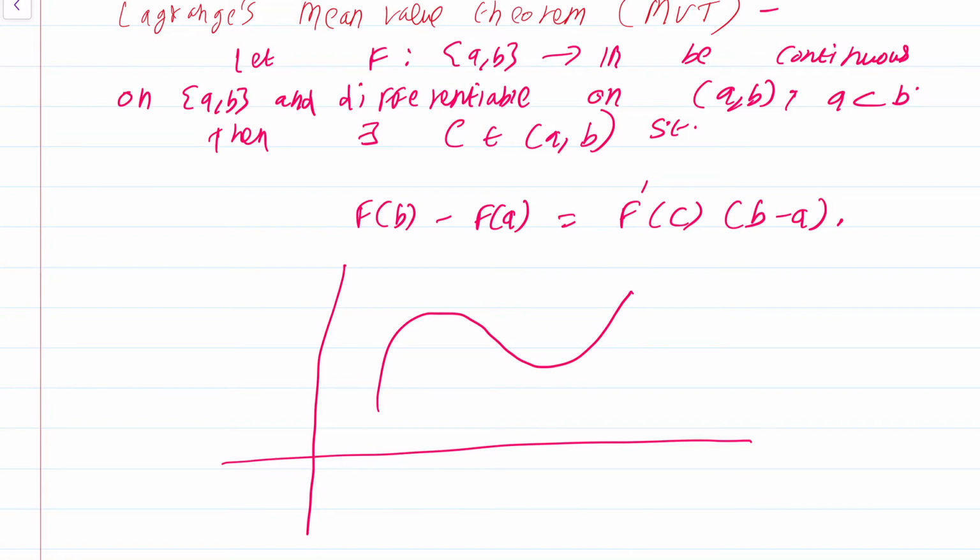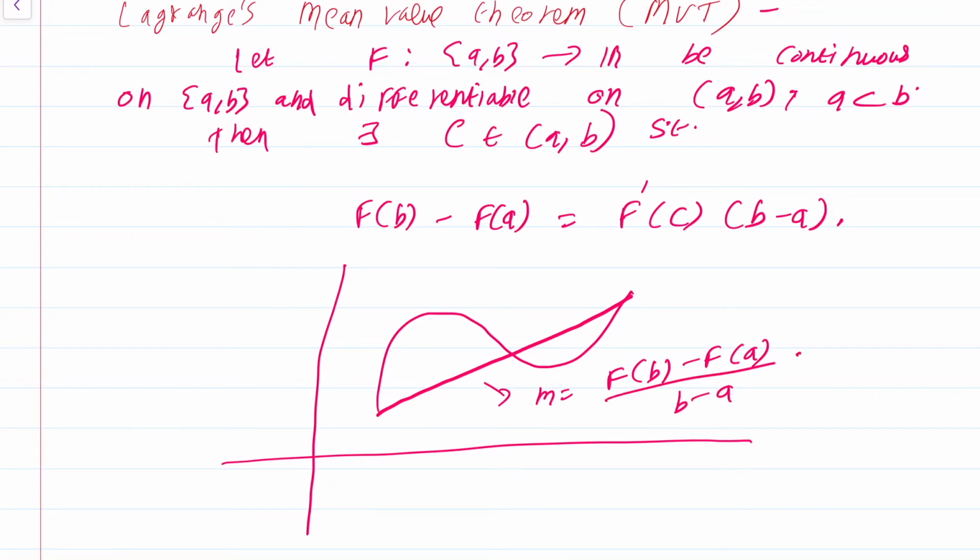Therefore this result is actually Rolle's theorem when f of b equals f of a. But we might not have f of b equal to f of a in general. So what this is saying is, if you join this, the slope of this line is f of b minus f of a by b minus a.